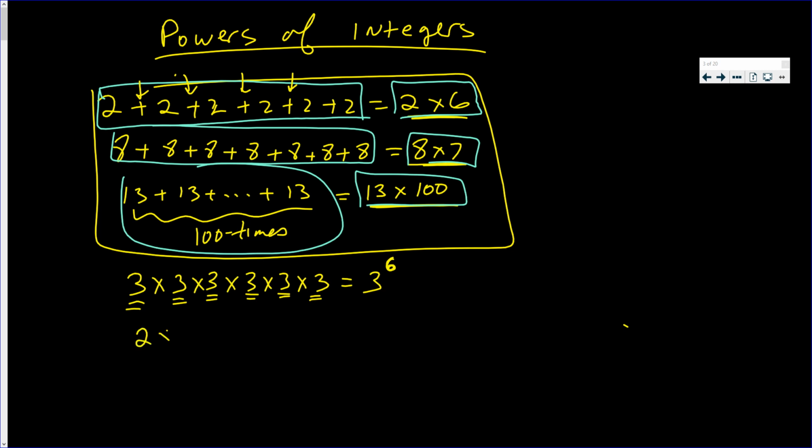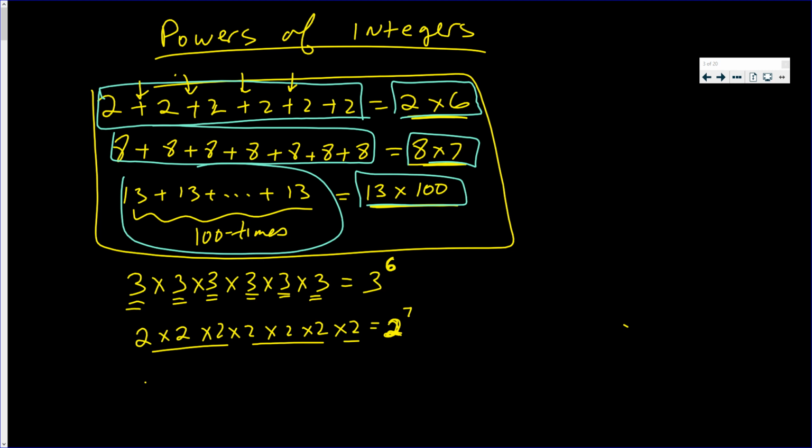If you had 2 times 2 times 2, etc., for 7 times, the number that is repeatedly multiplied goes where I put the 2, and the number of times we're multiplying it goes up there.